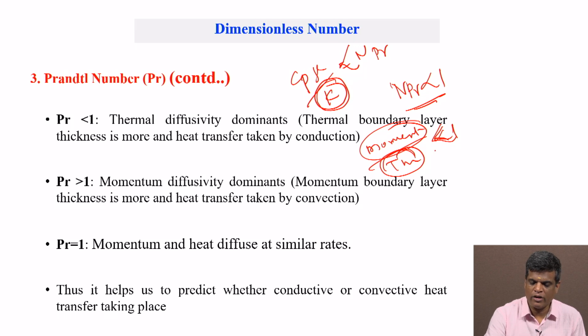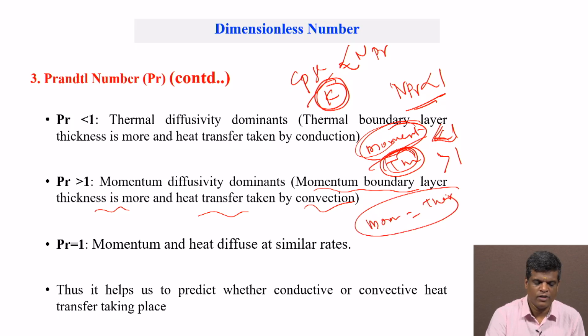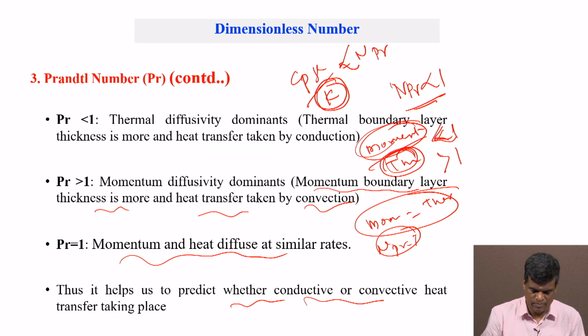If it is greater than 1, then the momentum diffusivity dominates, that is, the momentum boundary layer thickness is more than the heat transfer by convection. If both are the same, meaning momentum diffusivity equals thermal diffusivity, then the Prandtl number is also 1. We use it for the conductive and convective heat transfer taking place.